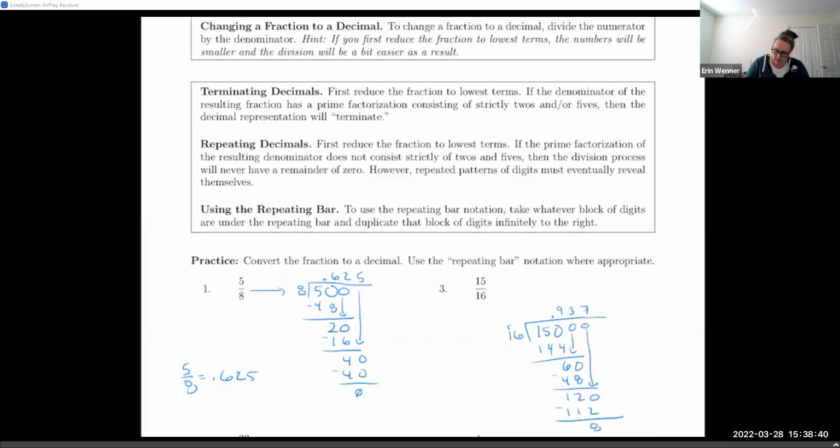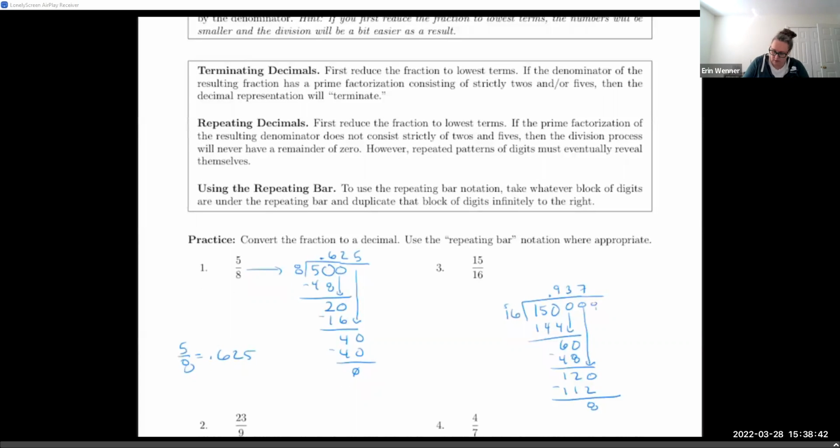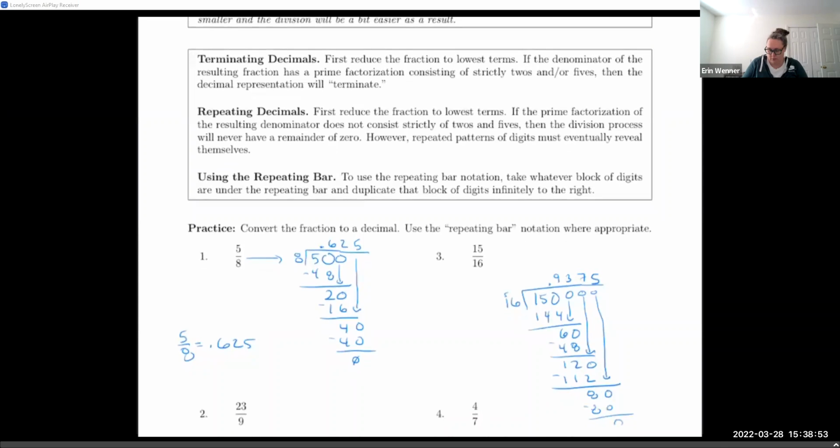And we get 8. So we're going to bring another 0 down to get 80. And 16 goes into 80 5 times. 5 times 16 is in fact 80, and we get 0. So we know we're done. That's a big one. So 15/16 is equal to 0.9375.